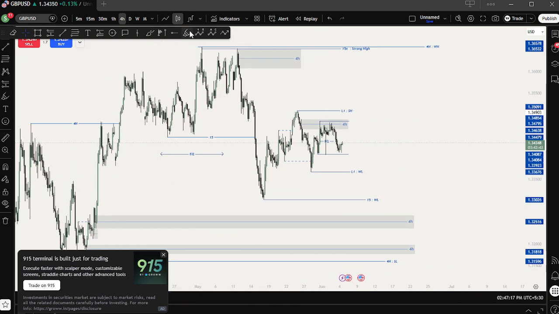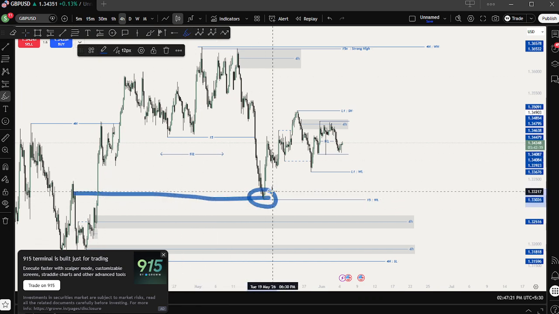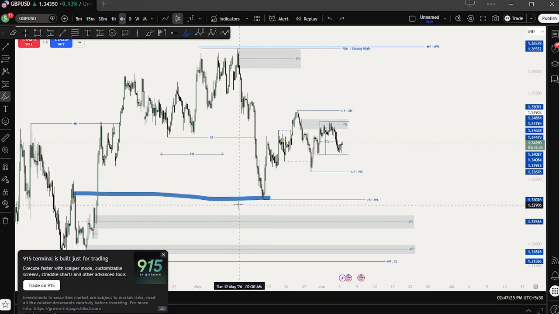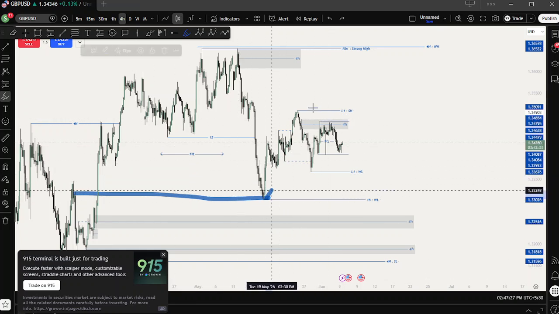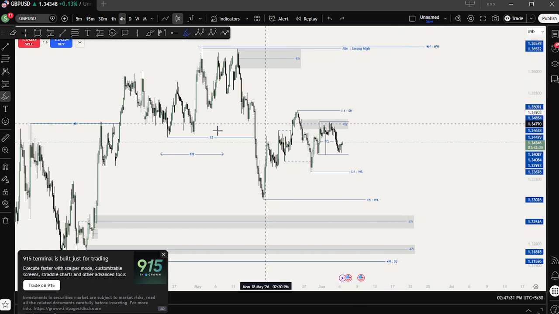So now what happened, because I don't see a very great POI right here that has broken or been mitigated to facilitate the underlying trend to violate this weak high.